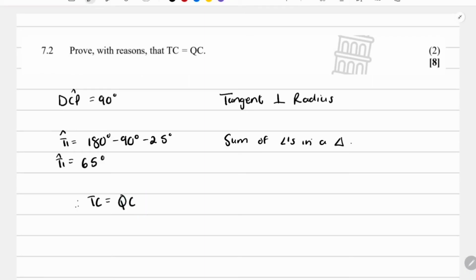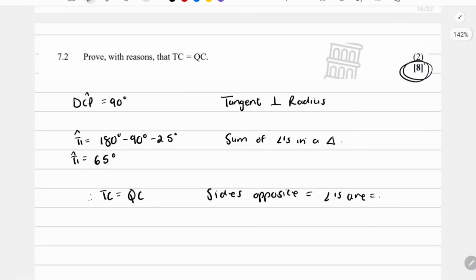And the reason that you can give them there is, instead of saying angles opposite equal sides are equal, we already had equal angles. So just say sides opposite equal angles. Equal angles are equal. Okay, so there, sides opposite equal angles are equal. And that's how we prove that TC is equal to QC. And that is it for question 7. As you can see, it's a total of 8 marks.